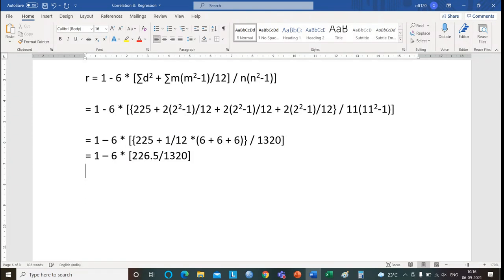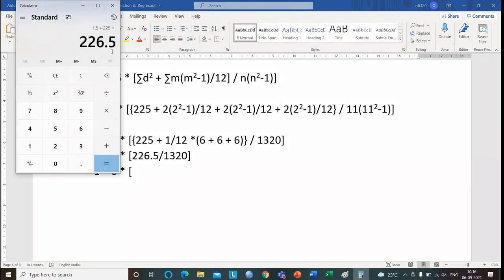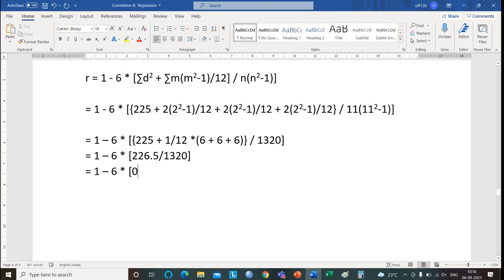Then next we have 1 minus 6 into, now let us find the inner fraction value: 226.5 divided by 1320 is equal to 0.1716, converting to 4 decimal places. Now 1 minus 6 into this particular value.